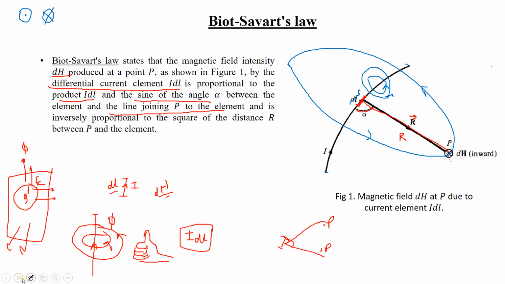So the length will be r. Suppose capital R is the mod value. If I write it this way it will be easier, or you will get confused. Capital R means the mod value of the length, suppose in meter, 1 meter, 2 meter, whatever, and r cap means the vector. So r cap equals mod r into unit vector r.